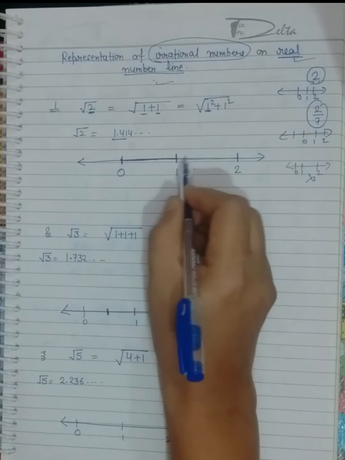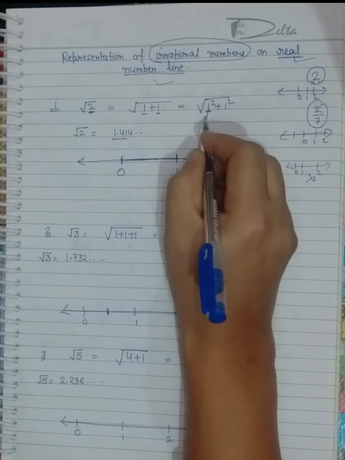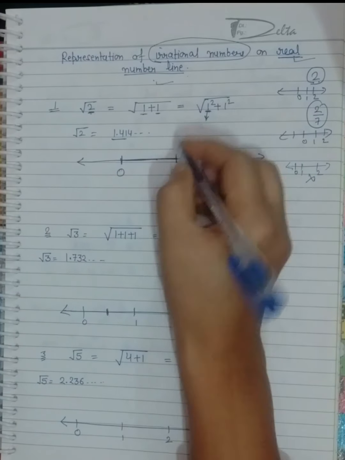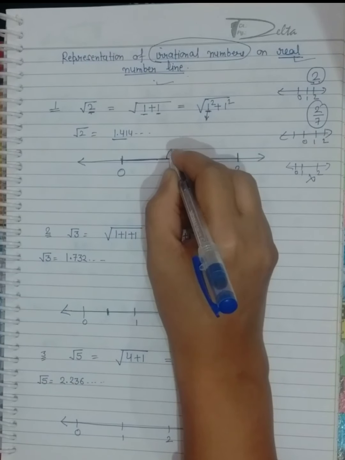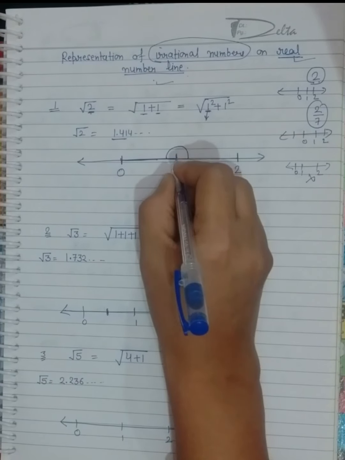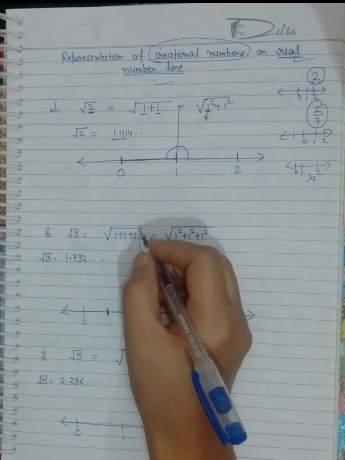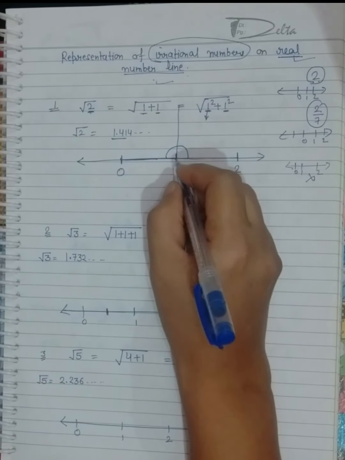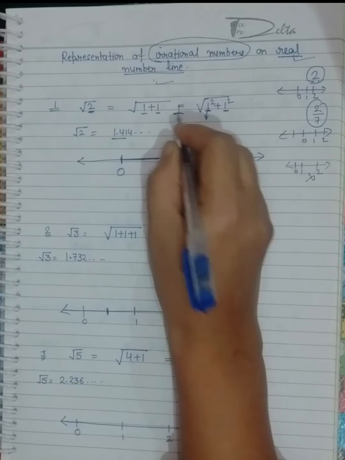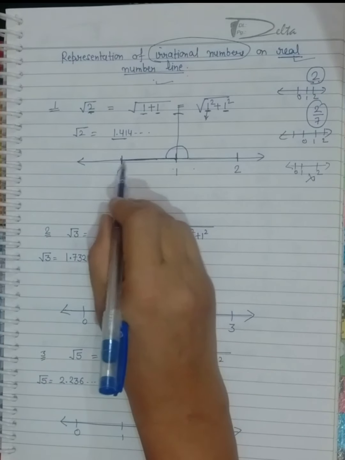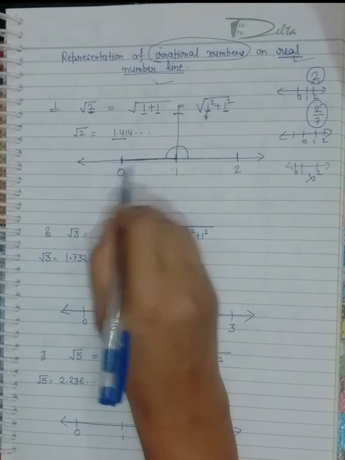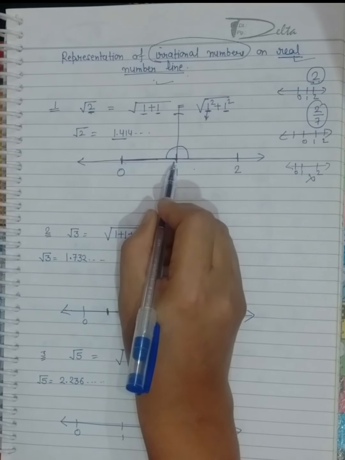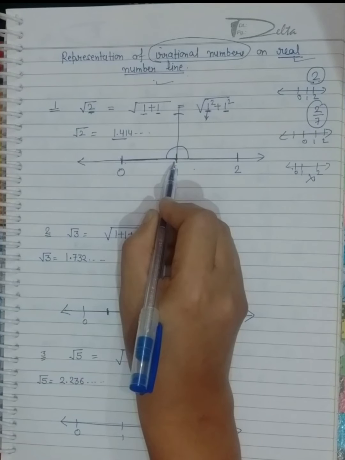मतलब हम 0 से 1 तक चलेंगे पहले, तो 1 यहाँ तक प्लॉट हो गया हमारा. And here we will make an angle of 90 degrees. Again we will take 1 here, 1 unit, the same distance, length as from 0 to 1. The same distance we will take with the help of a compass.